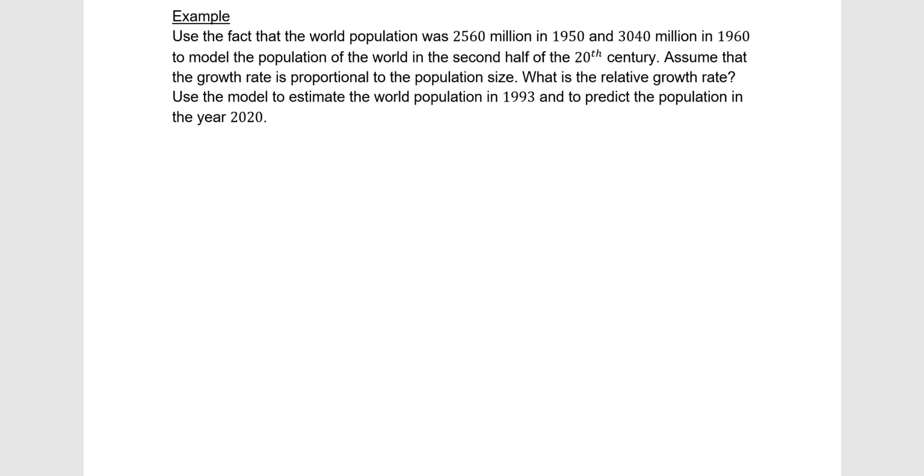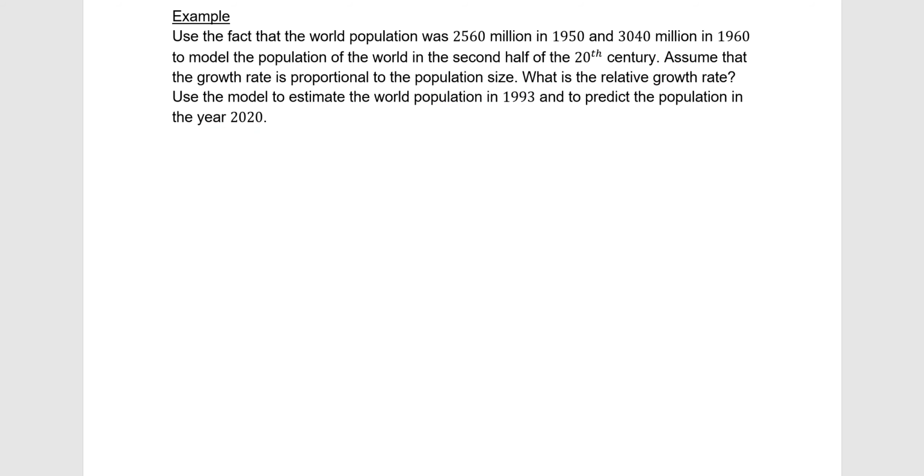So we have a few things here. Before we take a look at the information, let's take a look at the questions. We want to know the relative growth rate, and we're going to estimate the population in 1993 and predict the population in the year 2020. So it looks like 3 different questions here.